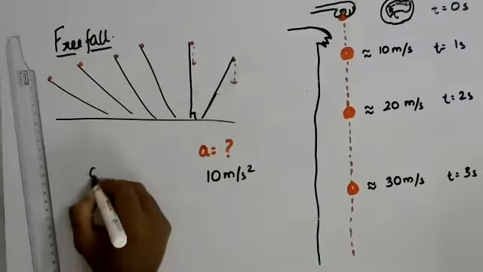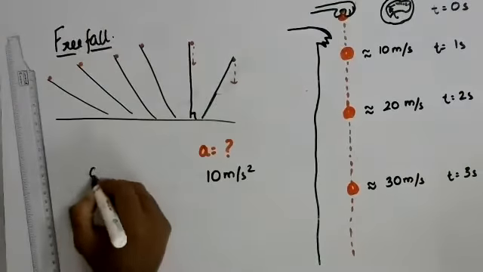Values are approximate, here it is equal to. Good point. So from time t0 to t3, delta v will be 30 minus 0 divided by delta t, which will be 3 minus 0. So you see what you get, 30 by 3, that is equal to 10 meters per second square.